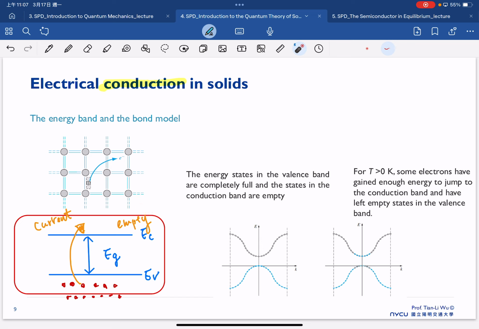As I said, the energy states in the valence band are completely full, and the states in the conduction band are empty. This is already described here. We can consider this small region where this is EC and this is EV.